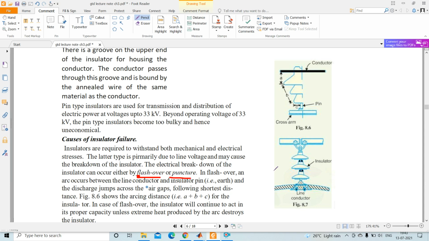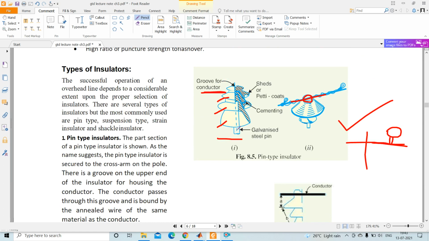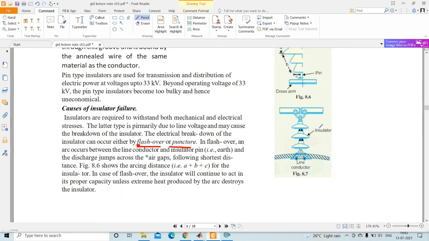In flashover, an arc occurs between the line conductor and the insulator pin, that means earth. This is the insulator pin, and this is the conductor. Flashover goes directly from the conductor to the insulator pin through the air medium.